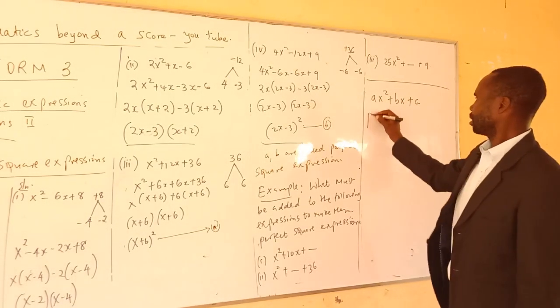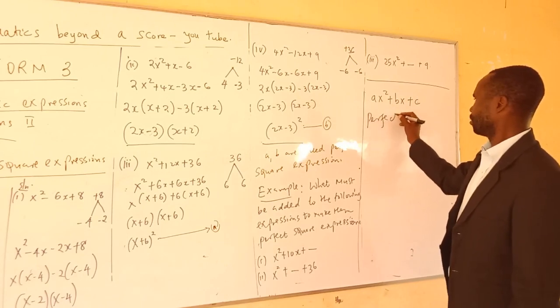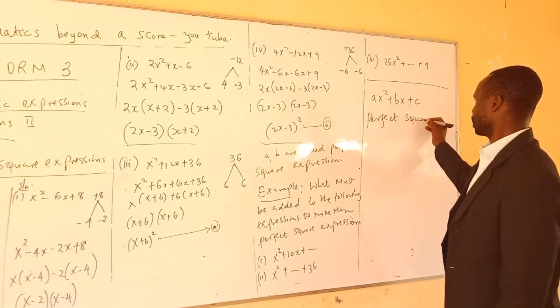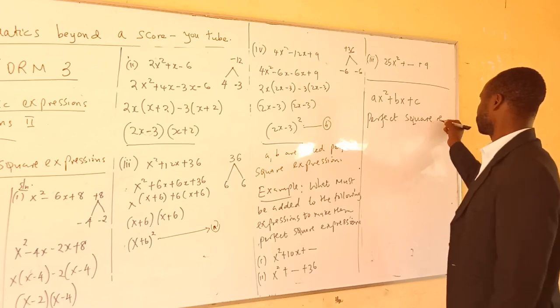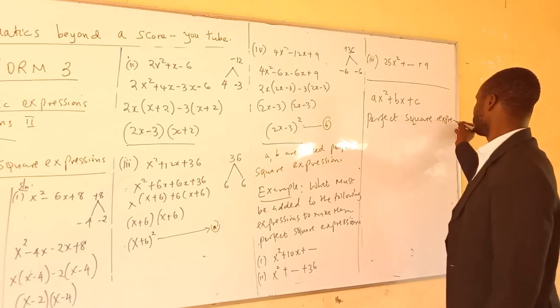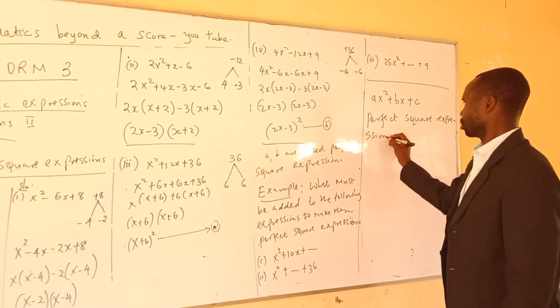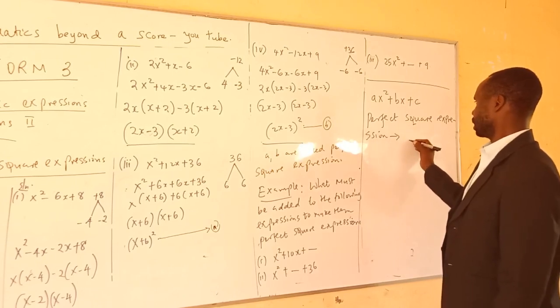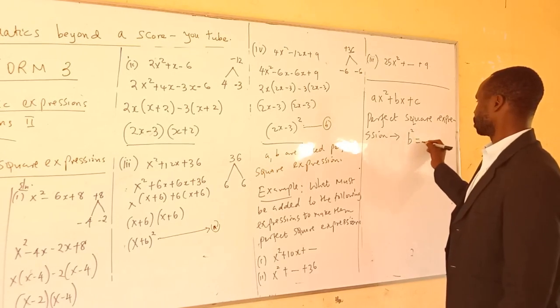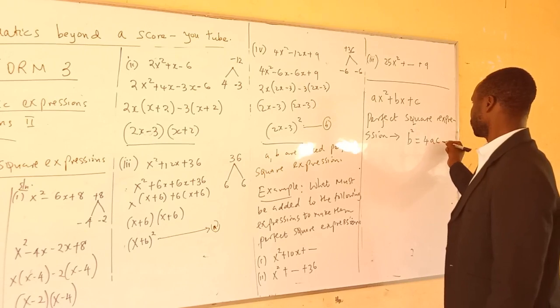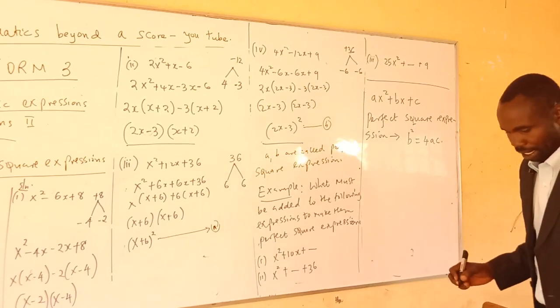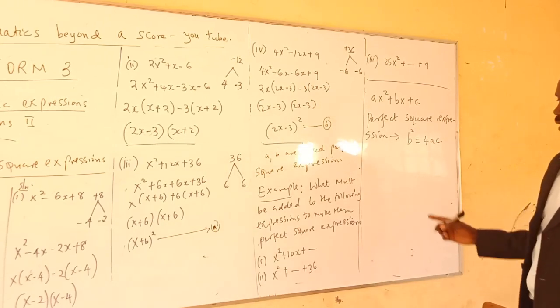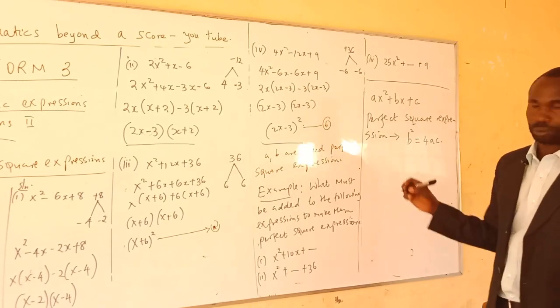When it is a perfect square expression, my students, keep in mind that b squared equals 4ac. This is the relationship.